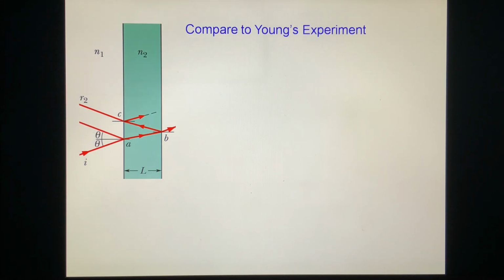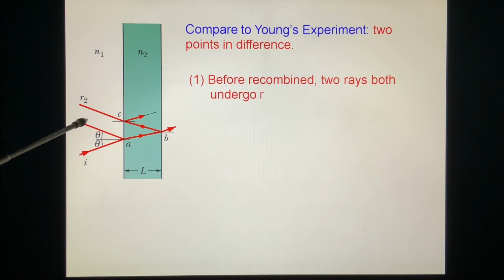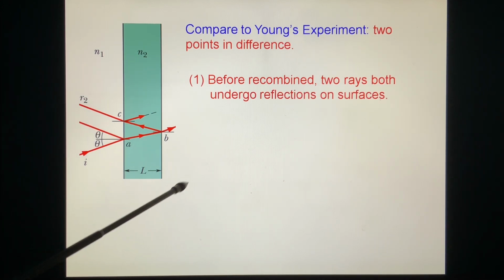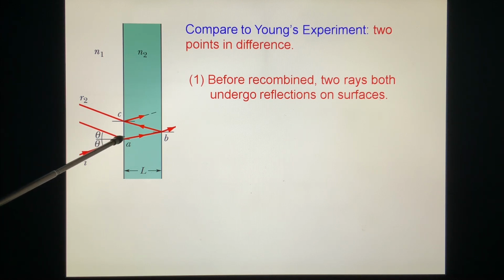Compared to Young's experiment, these two rays that get into the eye have two differences. One, before they recombine, both rays undergo reflections on a surface. This one reflects on the front surface, and this one reflects on the back surface.